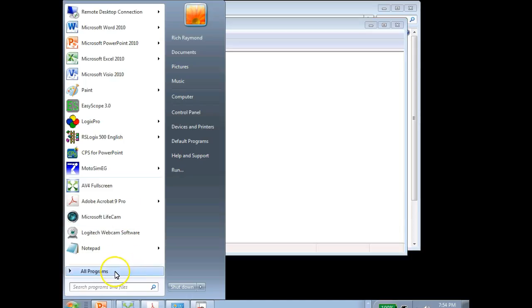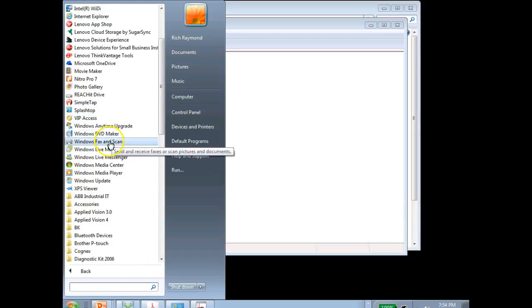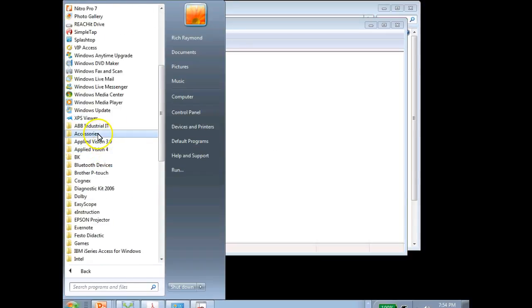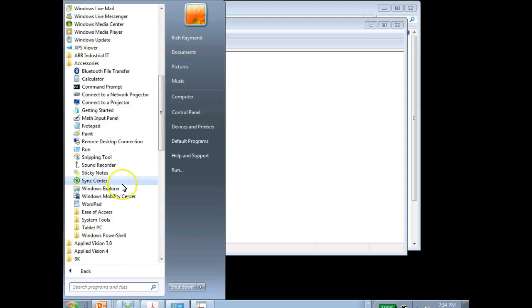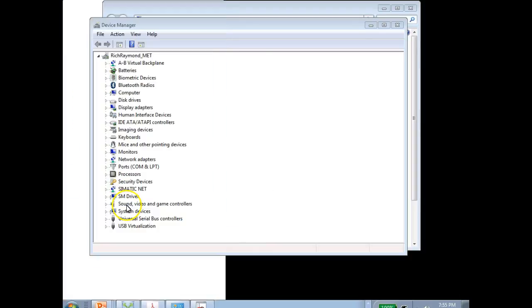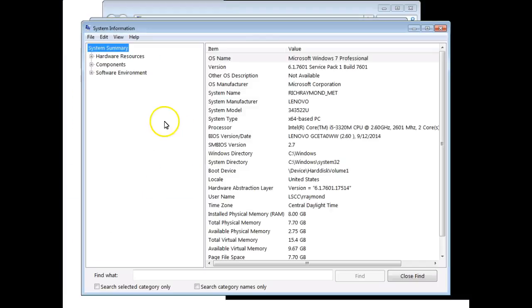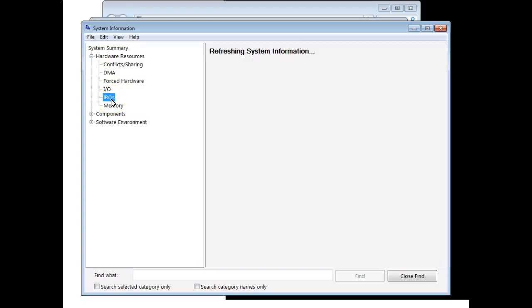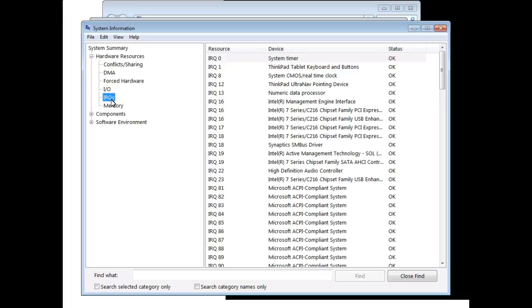I'm going to go to programs, then accessories, then system tools, and then system information. And one of the things we got is I/O, and right here it's got IRQs, interrupts. So these are the interrupt assignments for this computer.